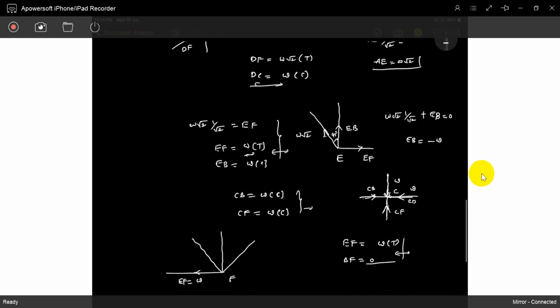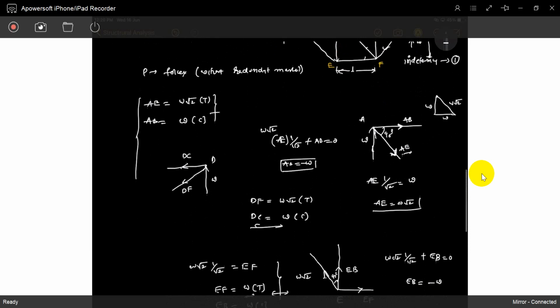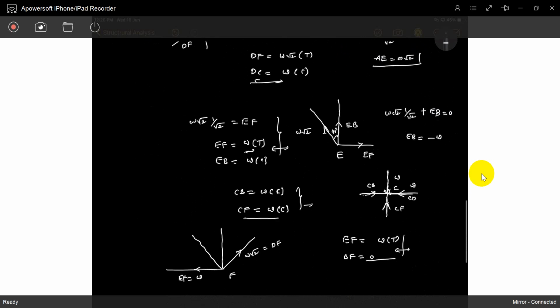W root 2 tension. That is DF. So CF we already calculated. CF is W compression.